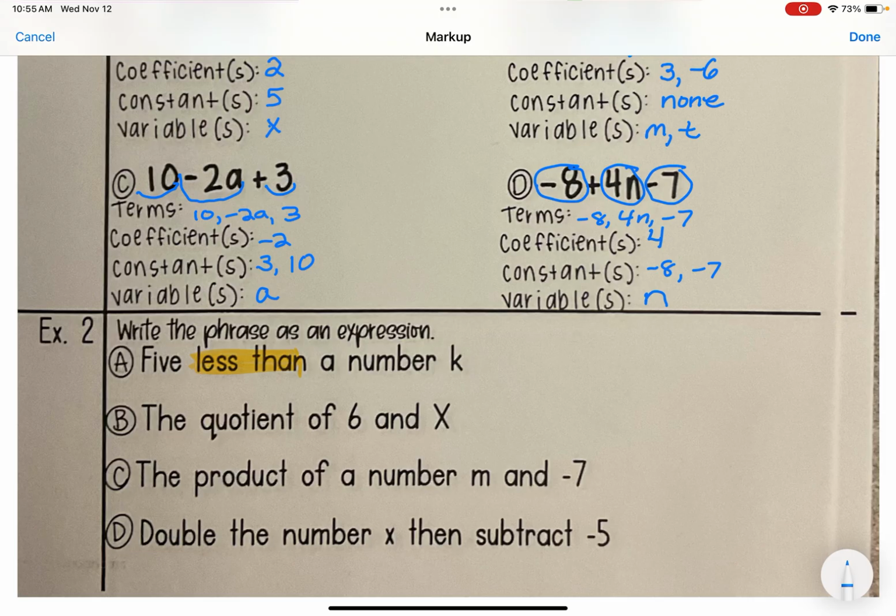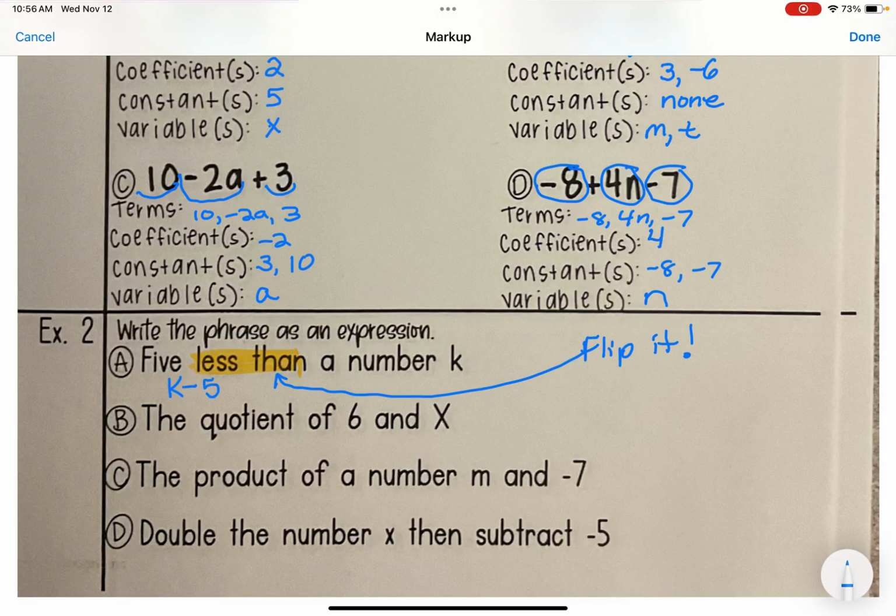All right, so when you see the term less than, let's write this down. Let's put an arrow out here. When you see less than, you're going to flip it, okay? What do I mean by that? Instead of writing 5 minus K, the expression that matches it is K minus 5.